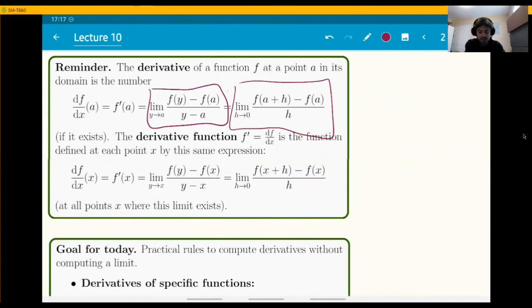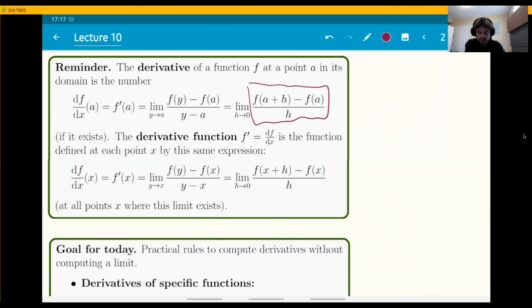Either you take a limit with the variable going to the number A and you use this form of the difference quotient right here, f of y minus f of A over y minus A, or you take a limit with the variable going to 0 and you use this form, f of A plus h minus f of A over h. That's a number, that's f prime of A, whenever this limit exists.